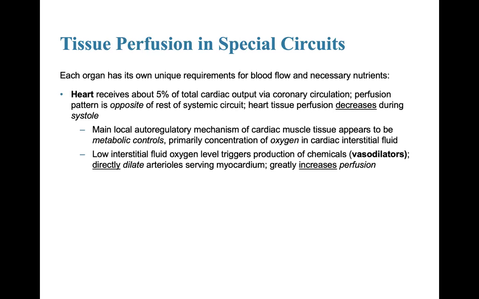The main local autoregulatory mechanism of the cardiac muscle tissue appears to be the metabolic controls, primarily the concentration of oxygen in the cardiac interstitial fluid. Low interstitial fluid oxygen levels will trigger the production of chemicals called vasodilators, which will directly dilate the arterioles serving the myocardium, greatly increasing tissue perfusion.